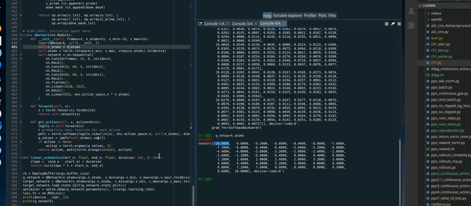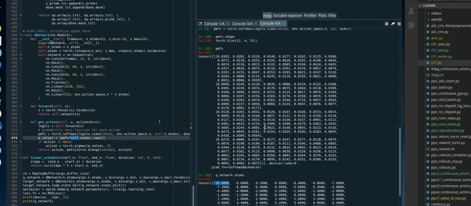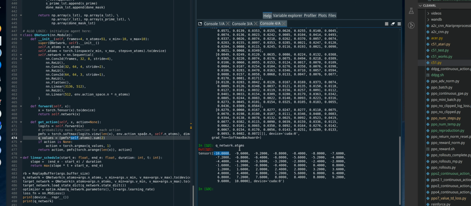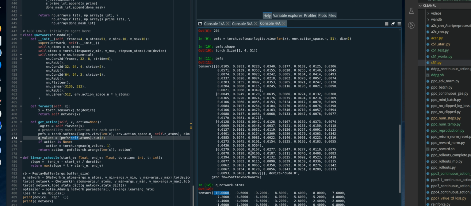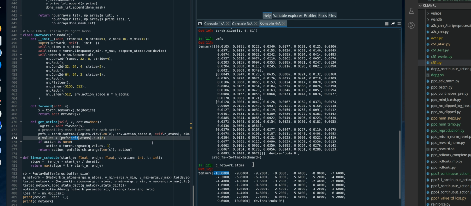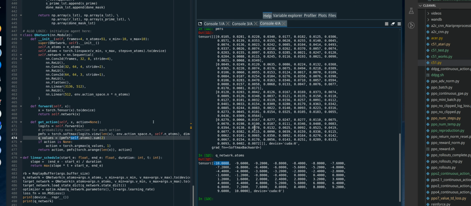In order to get the Q values, you need to multiply this probability mass function by the atoms, and then sum it up so that you get the actual Q value of each action.